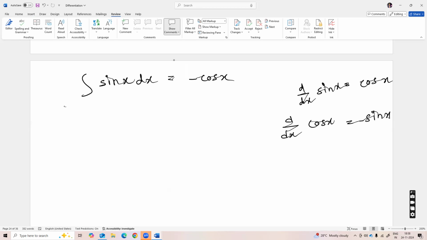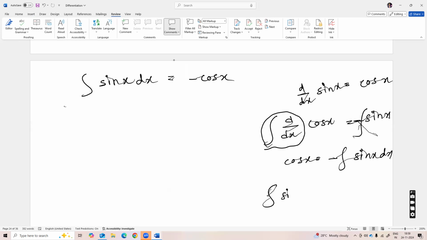Because the differentiation of cos x was minus sine x, if you take the integration, since integration and differentiation are inverse, they will cancel each other. So what you will get is cos x is the integration of minus sin x dx. Therefore, from there you can get that the integration of sin x dx is basically minus cos x.